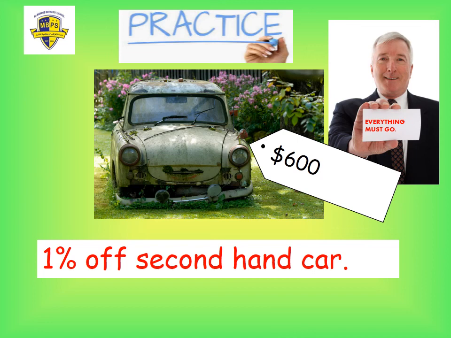Can you tell me what is 1% of 600? 600 divided by 100 equals what? 6. Excellent. And now to find the price after discount, 600 minus 6 equals $594. So this is the discount on this car.